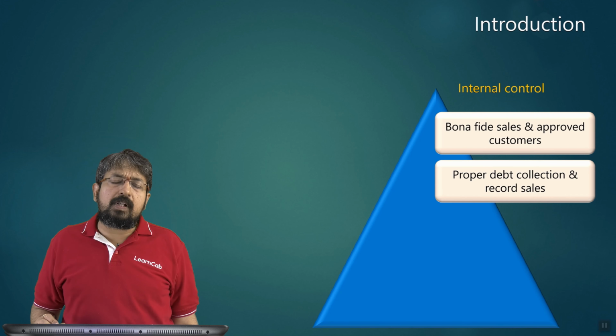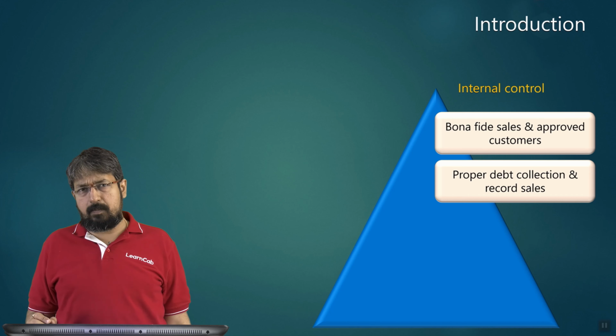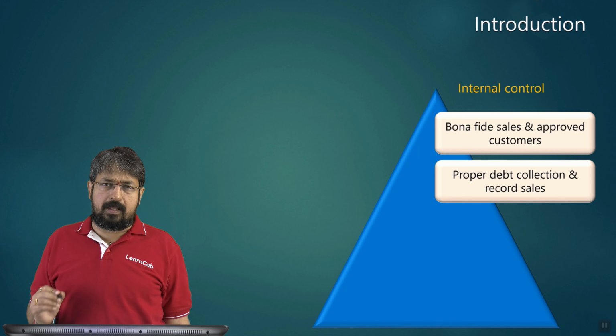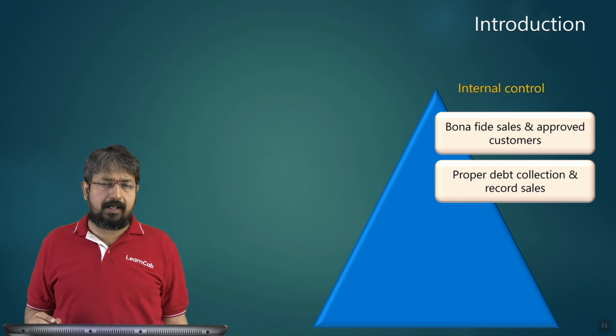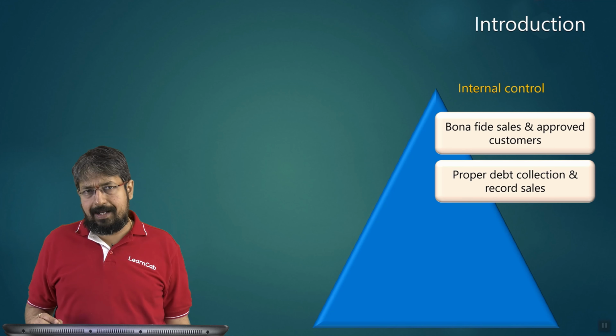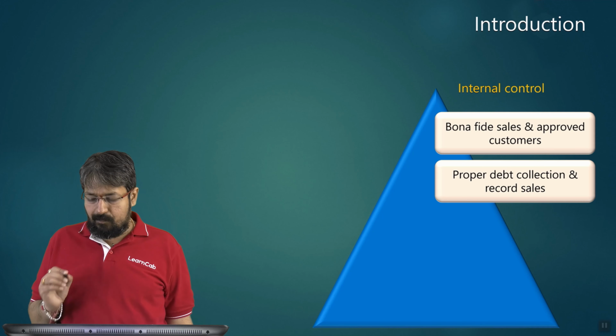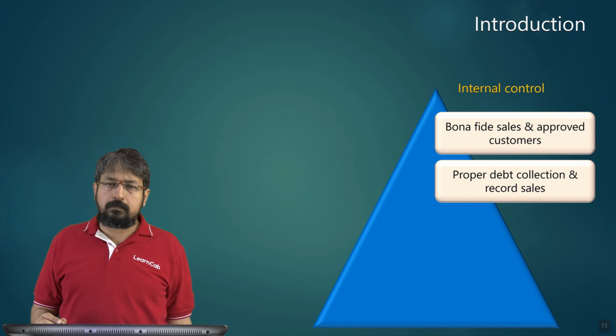Further, there is a proper collection process, because once the sale is made, the timeline is given that the payment should be done within 30 days, or within say 60 days. So whether proper follow-up is done and the collection happens on a regular basis, and the sales are properly recorded.